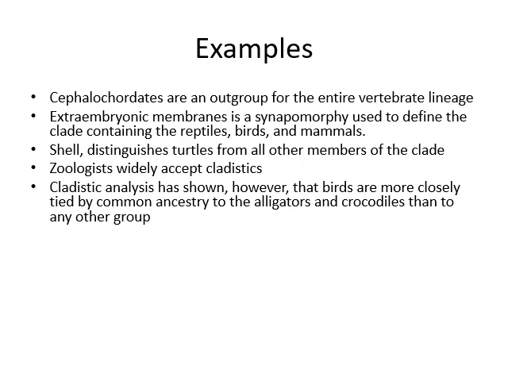Then the extraembryonic membrane is a synapomorphic character for all vertebrates except fishes, as fishes don't have extraembryonic membranes. Then the shell is a distinguishing character important in turtles but not in other reptiles.